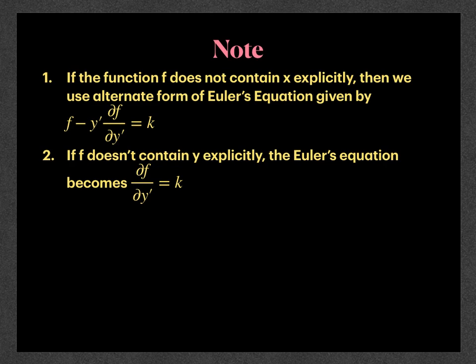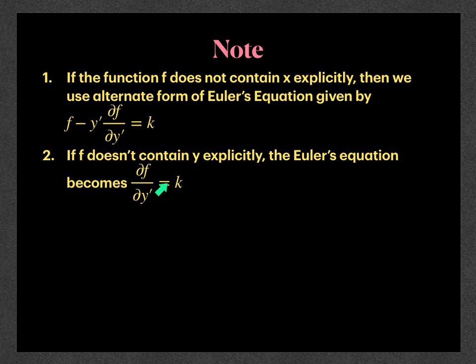One is f minus y dash dou f by dou y dash equal to constant. We use this when the functional does not contain x explicitly. When the function does not contain y explicitly, we use Euler's equation in the form dou f by dou y dash equal to k.